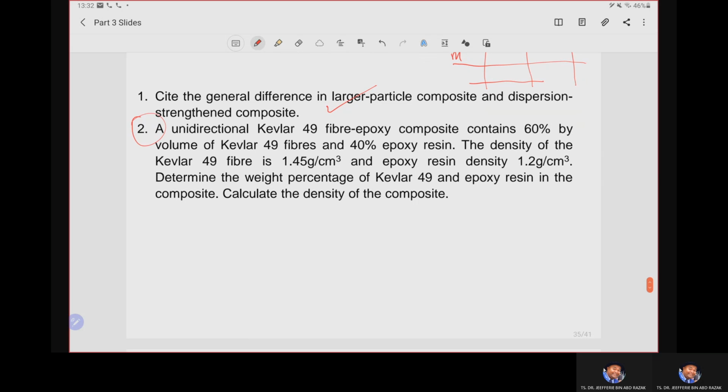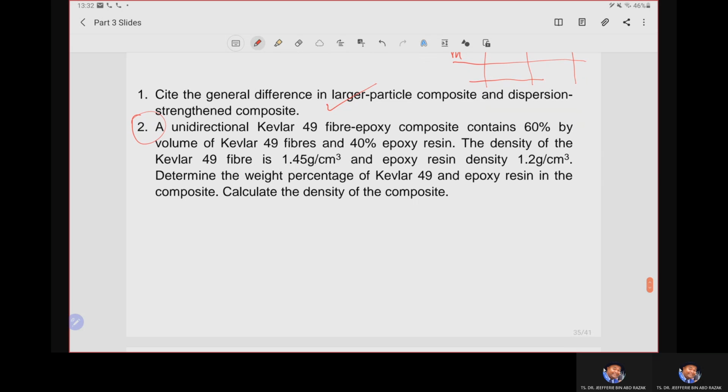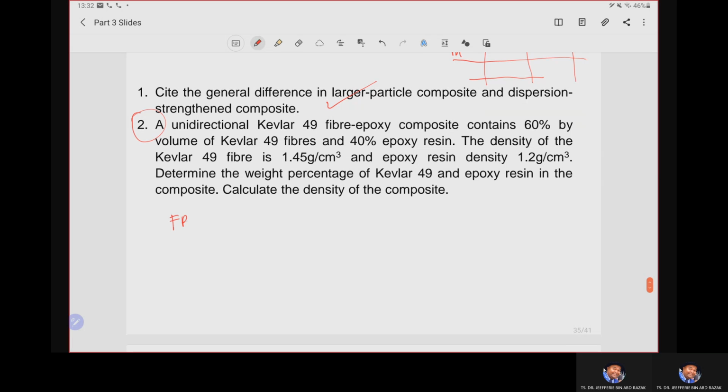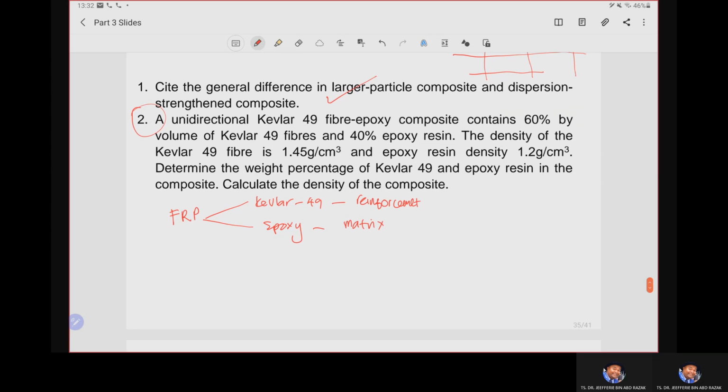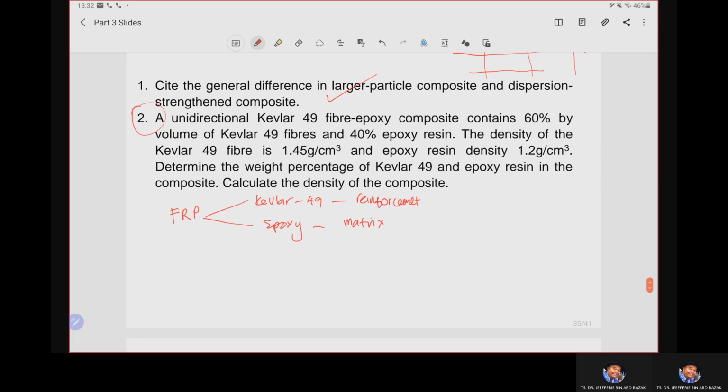For the second question, read the question. A unidirectional Kevlar 49 fiber reinforced polymer composite uses Kevlar 49 as the reinforcement phase and epoxy as the matrix phase. Let us extract the information given.